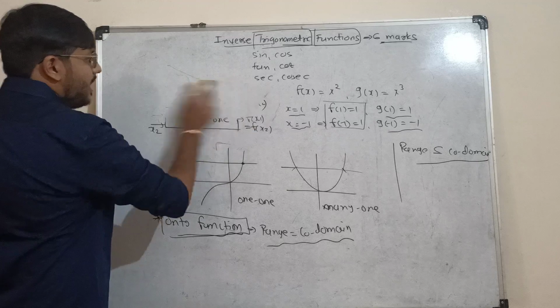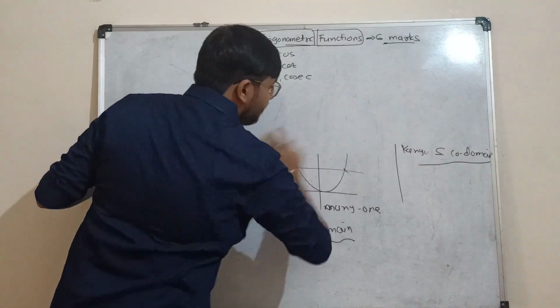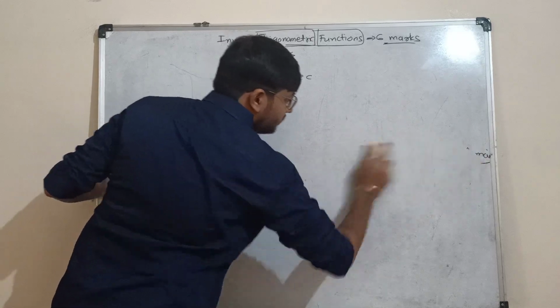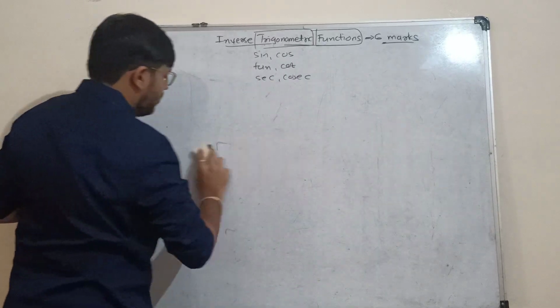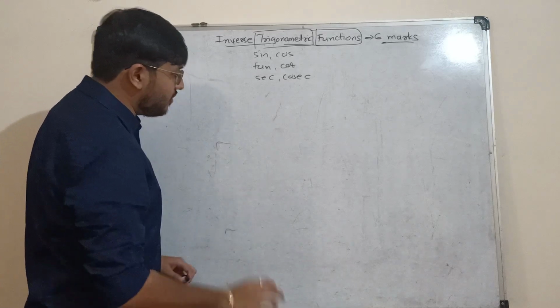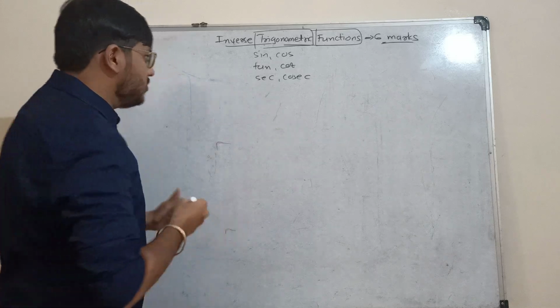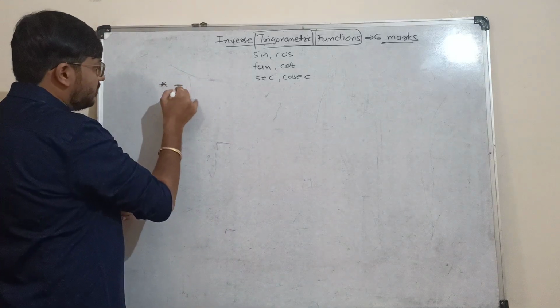Now let's just talk about the meaning of inverse function, right? Right now I'm not going to talk about the trigonometric function. I am going to talk just about the basic idea of inverse function. So what is the meaning of inverse function?